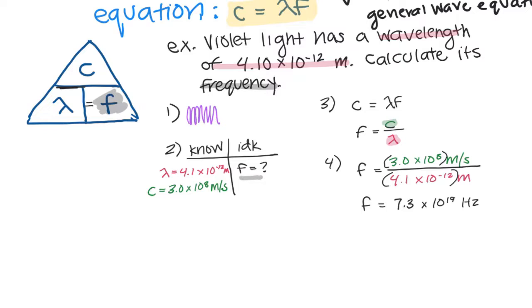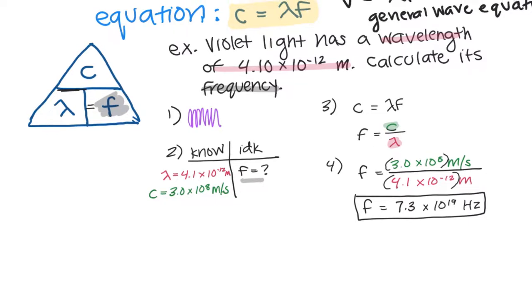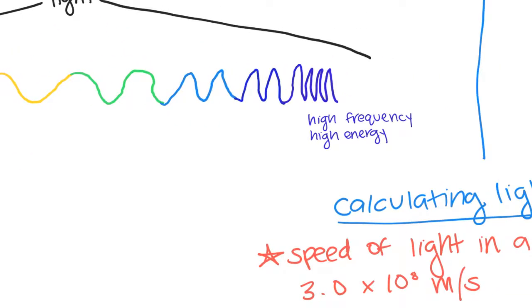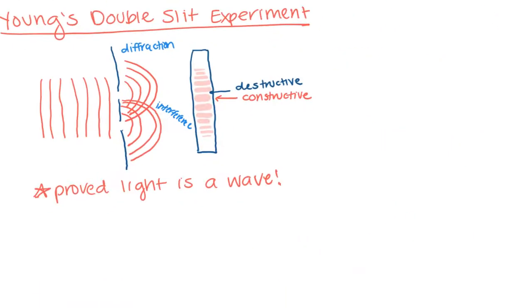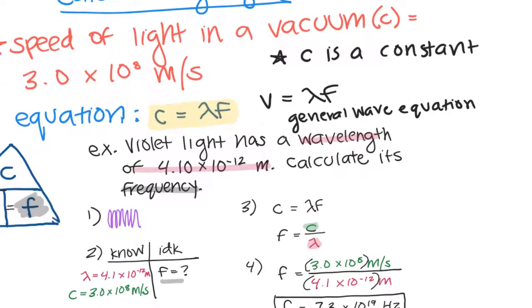All right, so that is a very, very high frequency. Again, 10 to the 19th, that is a very, very large number. But that does indicate something about the frequency of violet light. Remember from the beginning of this video, we talked about how violet light has a very, very high frequency, and we have just proven that through our calculations here.